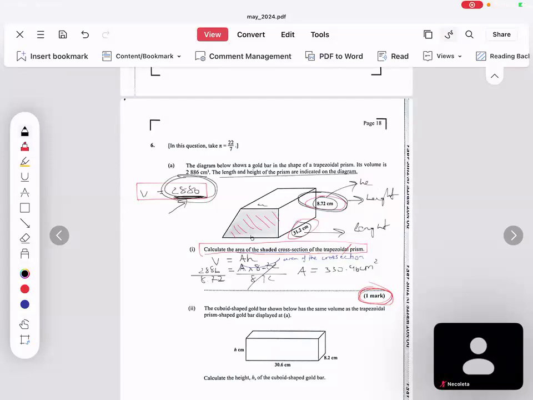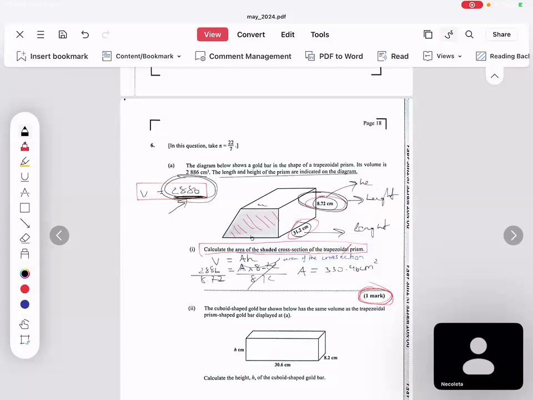The answer is pretty simple. That's why they only give you 1 mark. If you had an advanced level in mathematics, you could have read the question and immediately known that it's just 2886 divided by 8.72. But it's the reasoning that we put behind getting the answer right. So I hope that you guys understand and appreciate that. Okay? Everybody good?